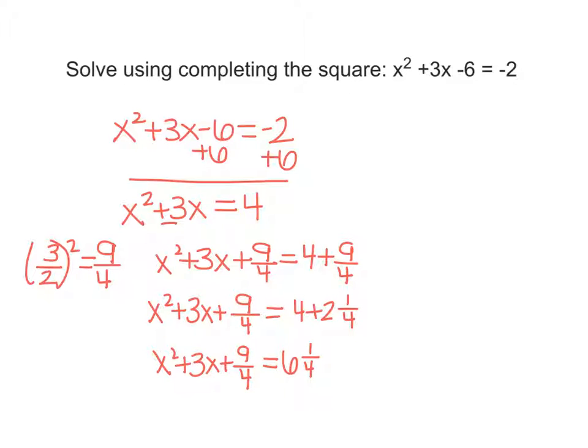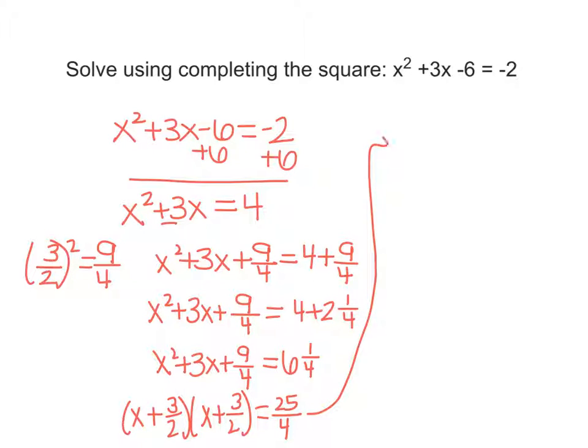Next, you're going to factor the quadratic side of the equation. I'm going to make 6 1/4 an improper fraction, so 25 over 4.